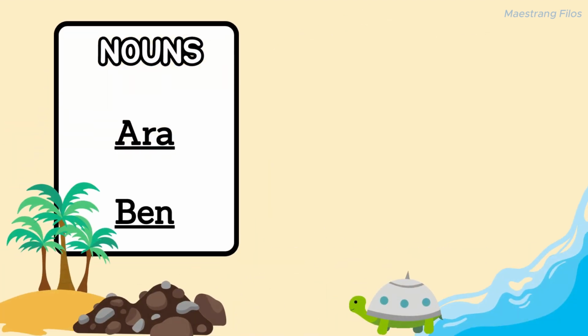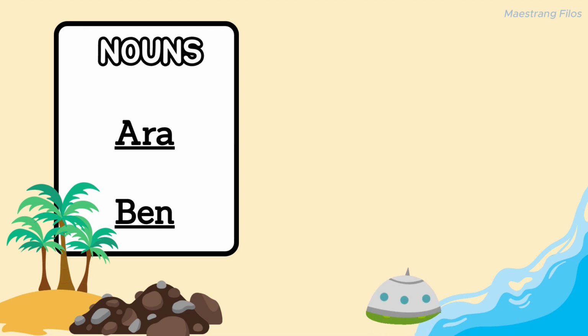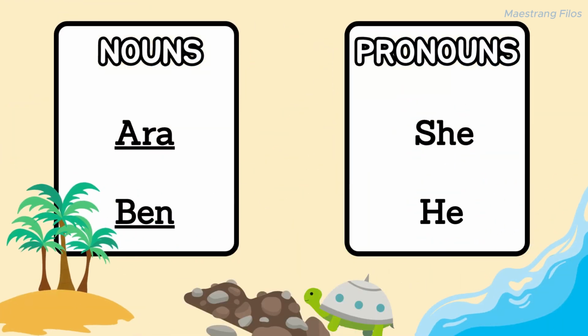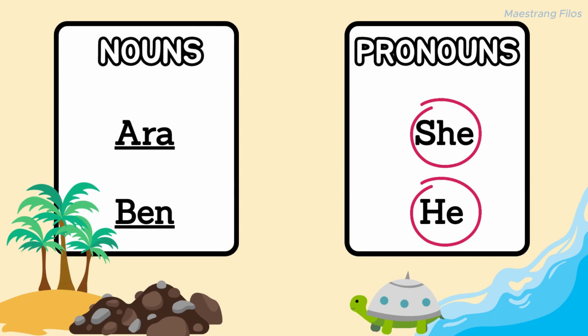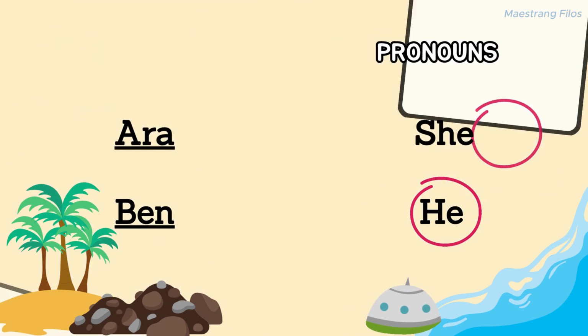Now, I have a question for you. If Ara and Ben are nouns, what part of speech is she and he? Good job! They are pronouns. What is a pronoun?